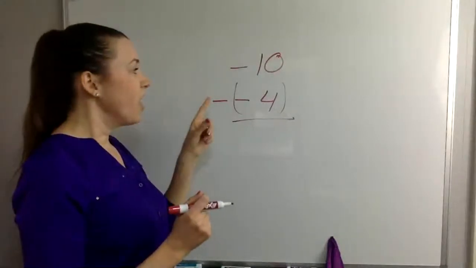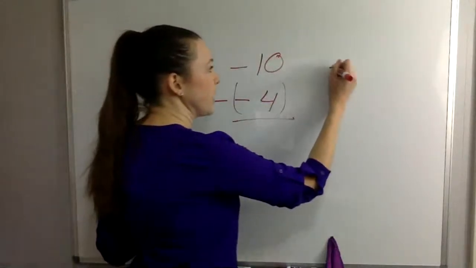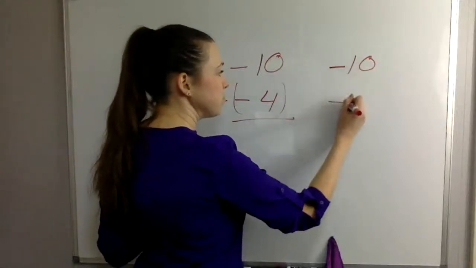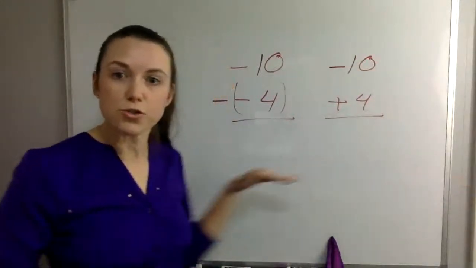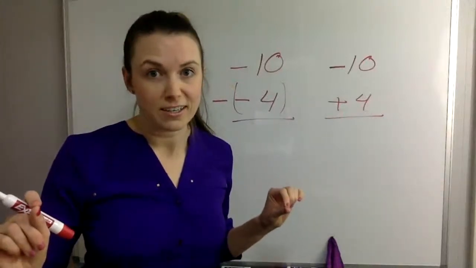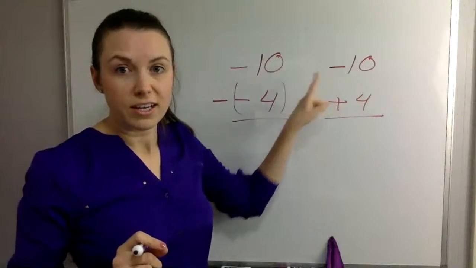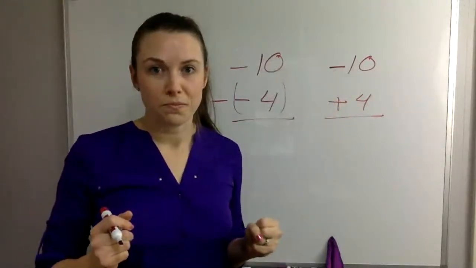So the minus a minus turns it into a plus. So we're going to have negative 10 plus 4. I'm going to just draw out our line again. Not quite. It's not positive 14, because this one's negative and this one's positive. So which number is bigger?